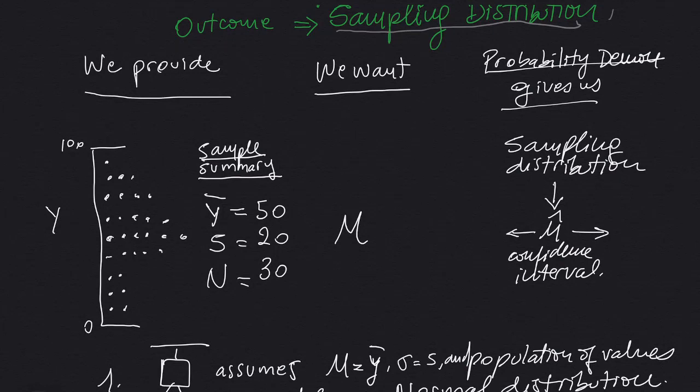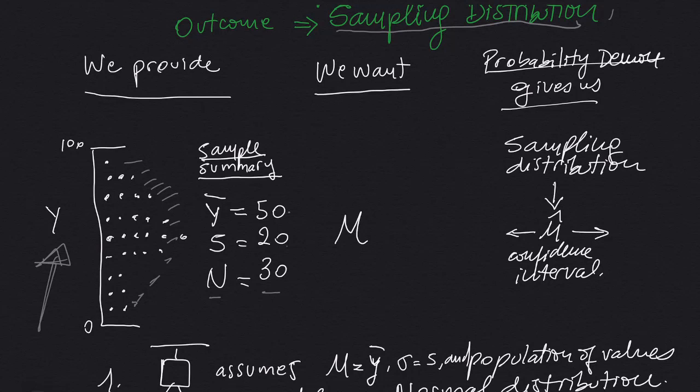We obtain a sample of values that y takes, represented by each of these white dots. We calculate the mean equals 50 and the standard deviation 20. The n is the number of observations, which is 30.